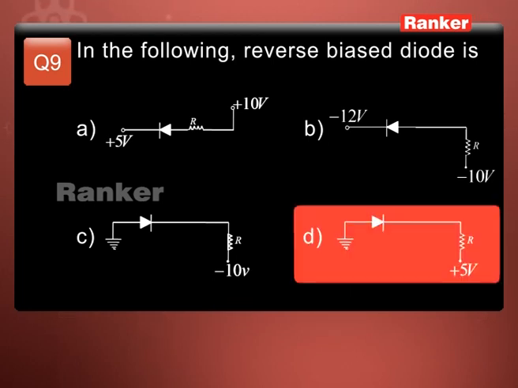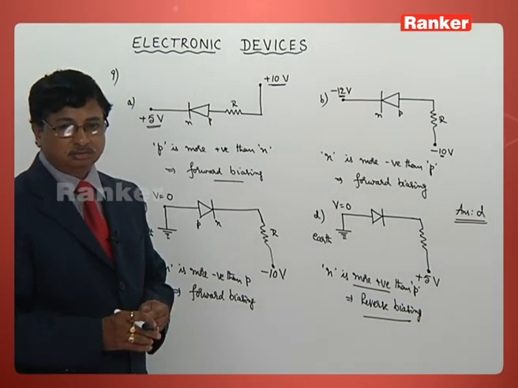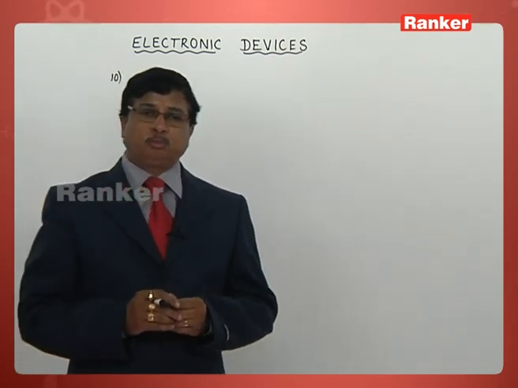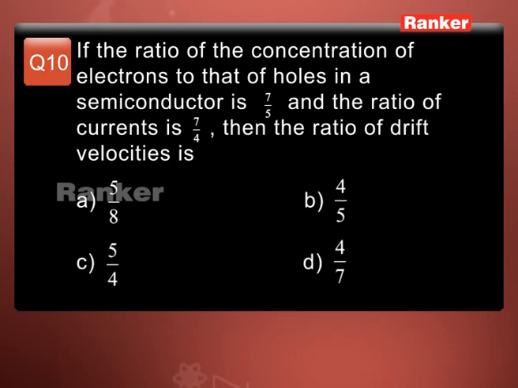That is the way we people have to check, and this was the question given in one of the EEE papers earlier. So, that is problem number 9. Check the next number, that is problem 10. If the ratio of the concentration of electrons to that of holes in a semiconductor is 7/5 and the ratio of currents is 7/4, then the ratio of drift velocities is how much?